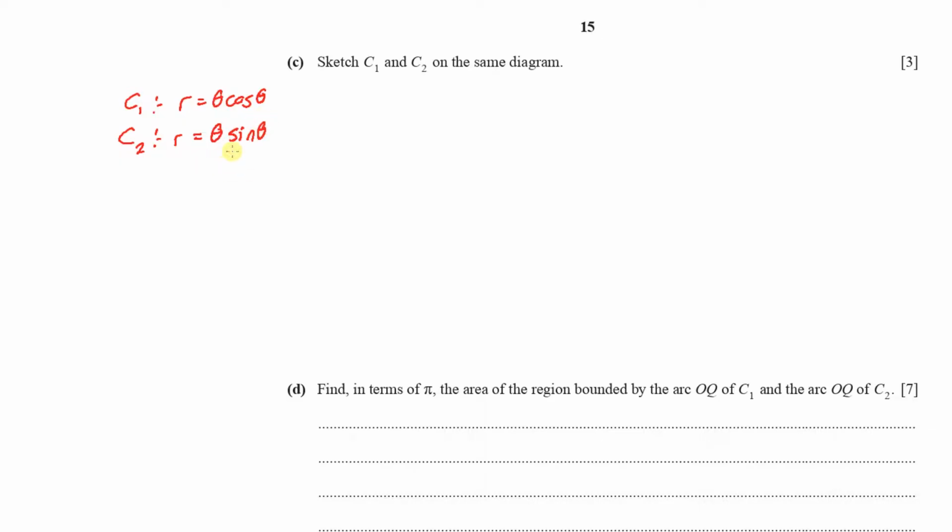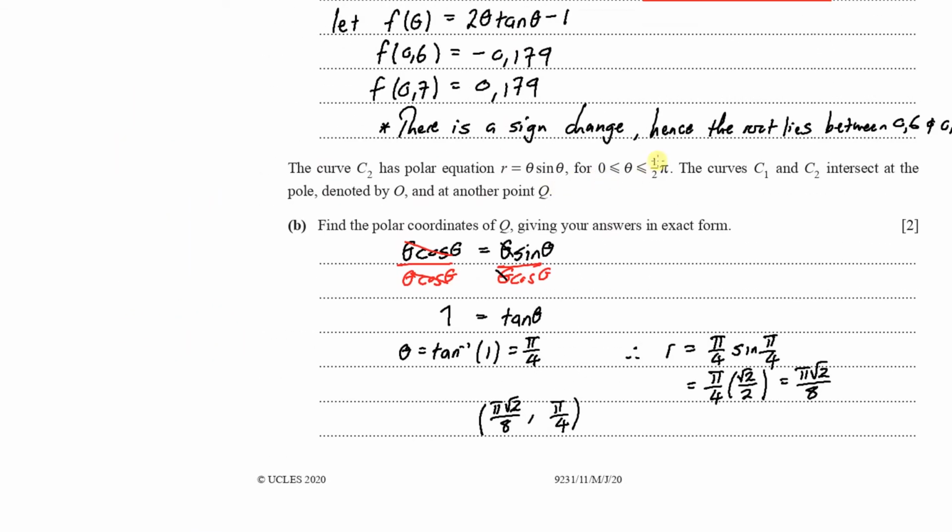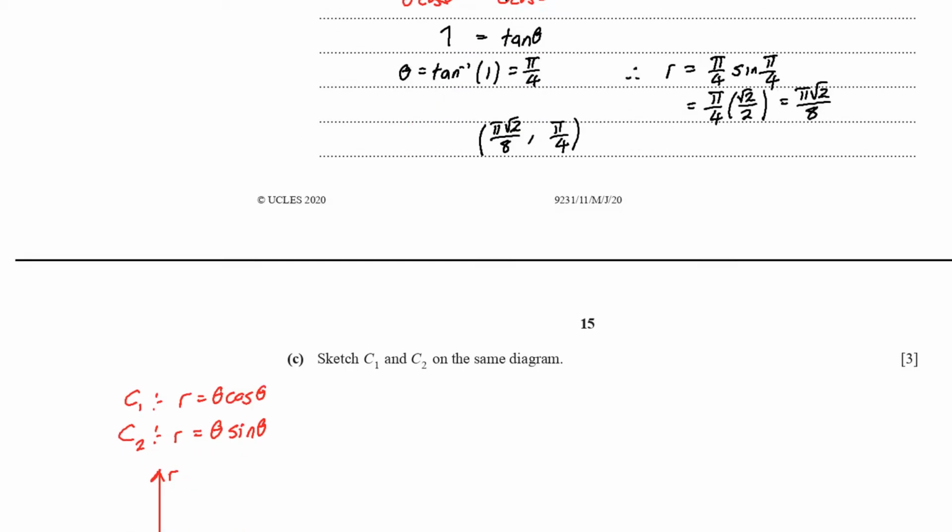Now, in order for us to sketch these two graphs, I'll start with the Cartesian graphs of these two, where I will have r on the vertical axis, and theta on the horizontal. This is O here. Okay, and the range is from 0 to half pi, so it's just a small range.